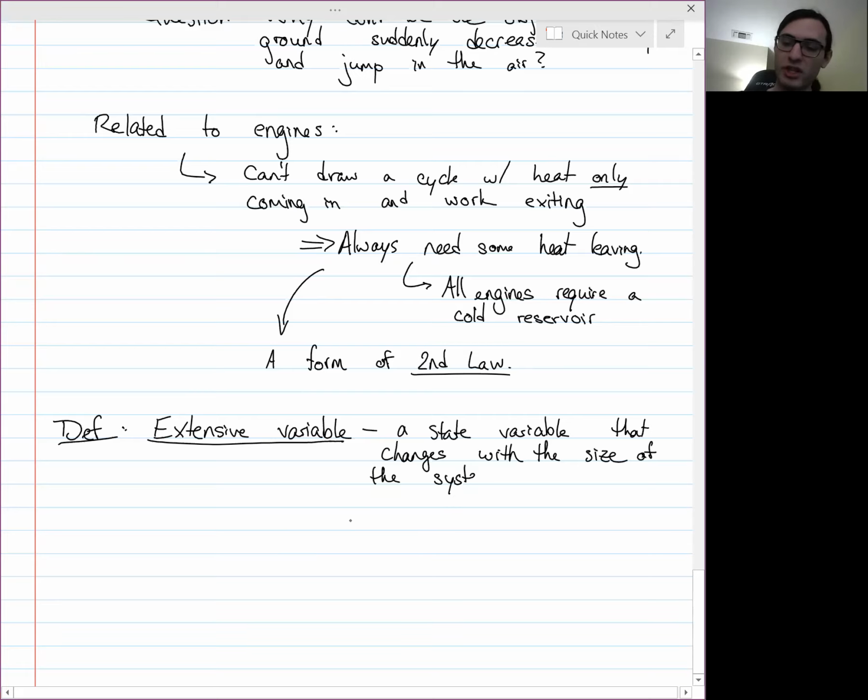Examples would be the number of particles. If you double the size of your system, i.e. if you take two identical systems and put them next to each other and consider that as one system, the number of particles increases. Similarly, and quite obviously, if you increase the size of your system, the volume increases. If you make your system have more stuff in it, you'll have more total internal energy. And similarly, you'll have a larger number of moles.